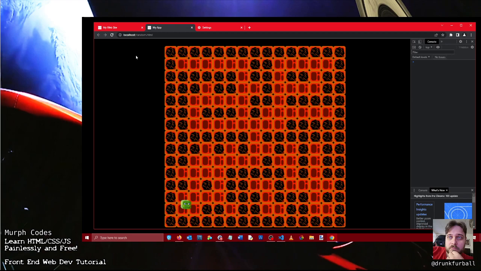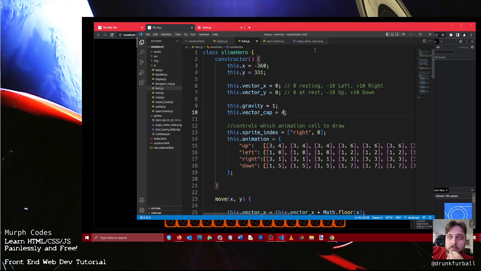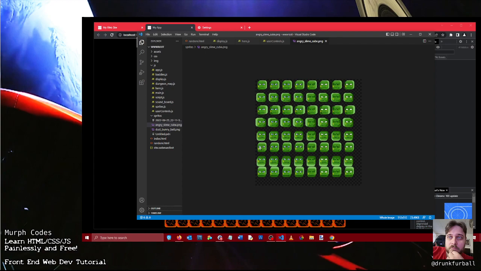Now, there are finer controls we can add to this. Because looking at our little slime cube thing, we have some where he's looking left, some where he's looking right. And it's literally the difference between even and odd there. Somewhere he's heading right, somewhere he's heading left.